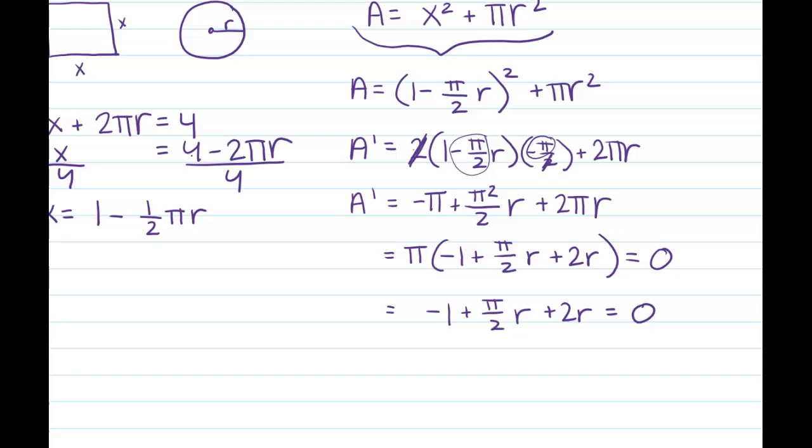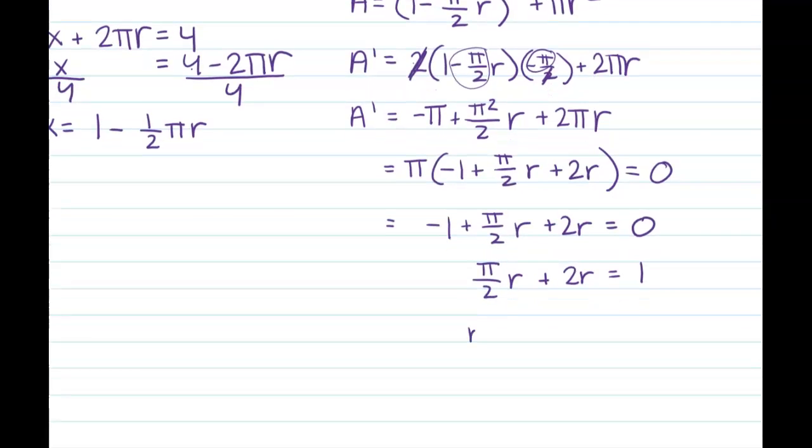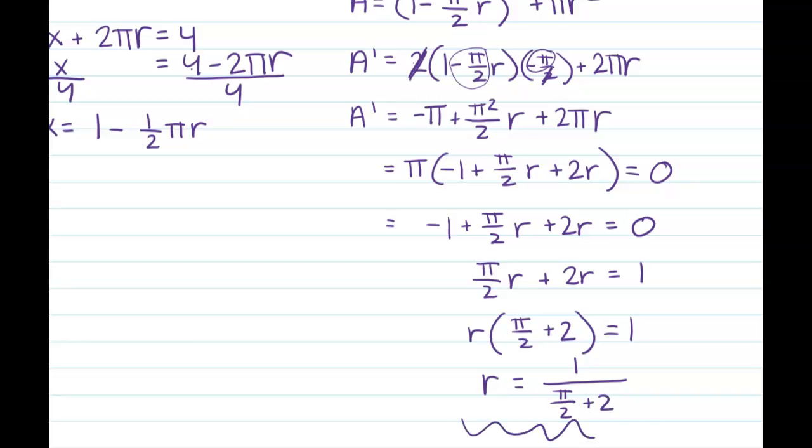Add 1 to both sides. We end up with pi over 2 r plus 2r equals 1. If I factor out an r, I end up with pi over 2 plus 2 equals 1. So r is 1 over pi over 2 plus 2. What a lovely critical point that is.